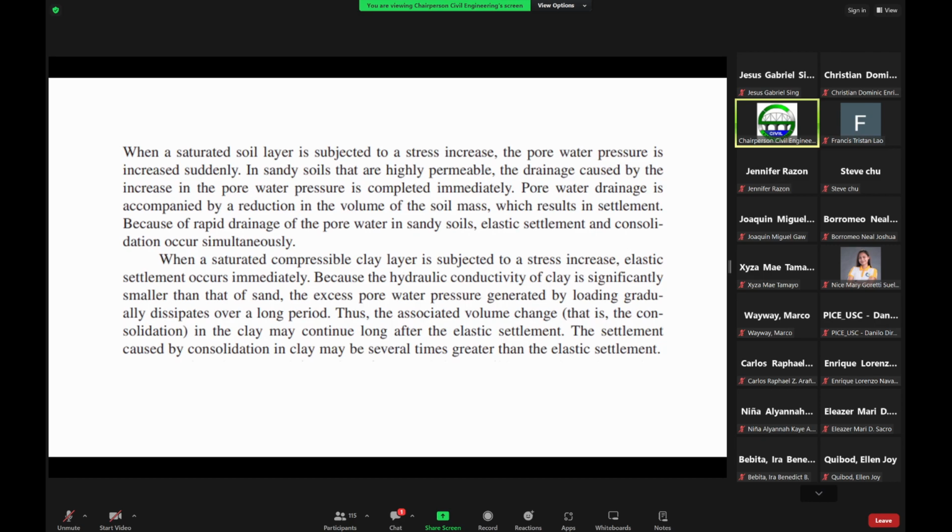Thus, the associated volume change, or rather the consolidation, in the clay may continue long after the elastic settlement. So this settlement caused by consolidation in clay may be several times greater than the elastic settlement.